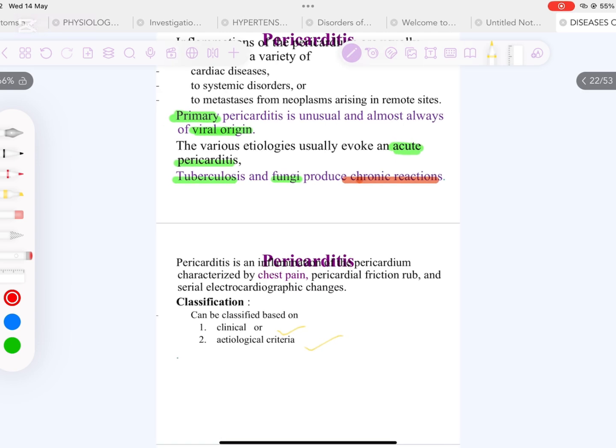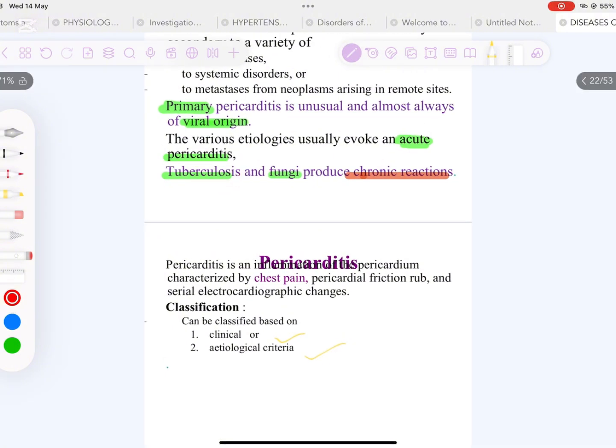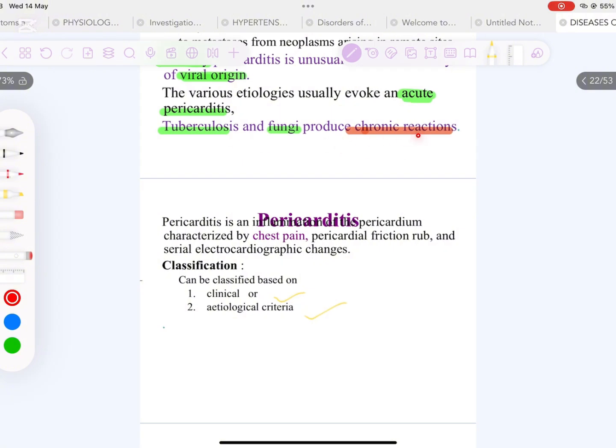Most etiologies of pericarditis will evoke an acute one, while the ones like tuberculosis and fungi are chronic. Most things that cause pericarditis evoke an acute one immediately, that is, less than 6 weeks. But TB and fungi will produce the chronic one. There's also something called subacute.